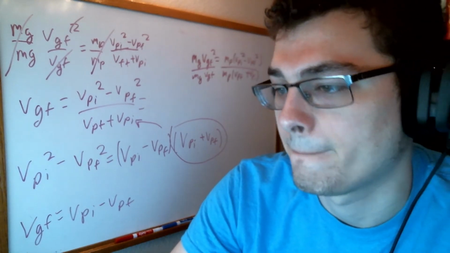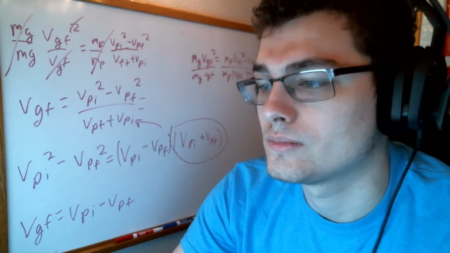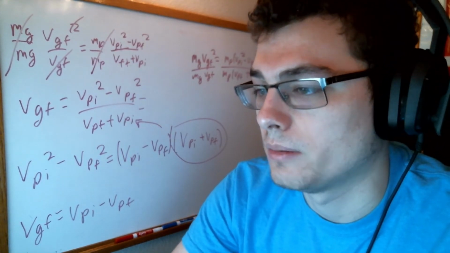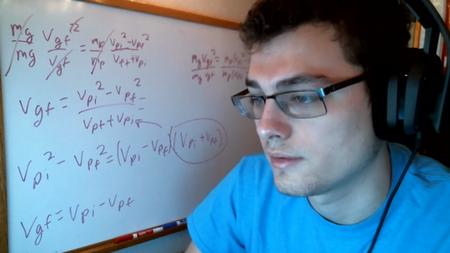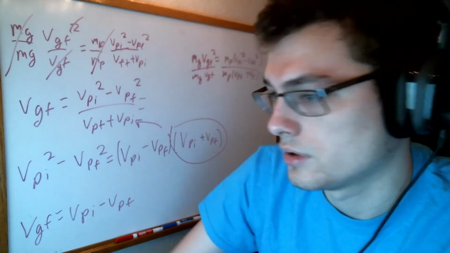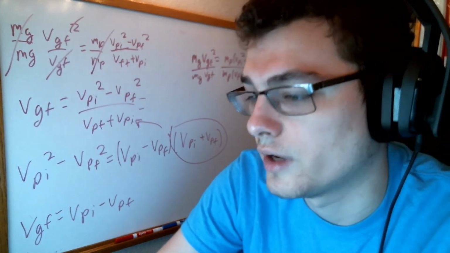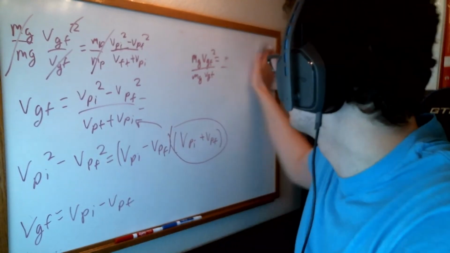Cool. And so then we have to plug this into an equation that we had earlier, and then we'll be able to solve for the final velocity of the puck. So this is a very, very roundabout problem.